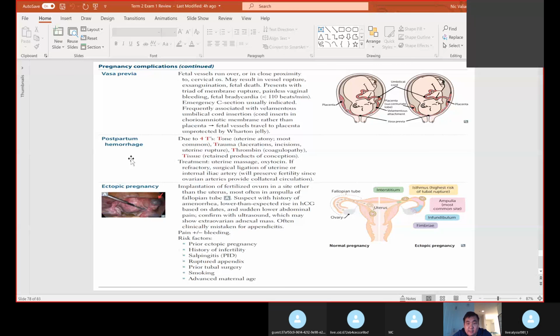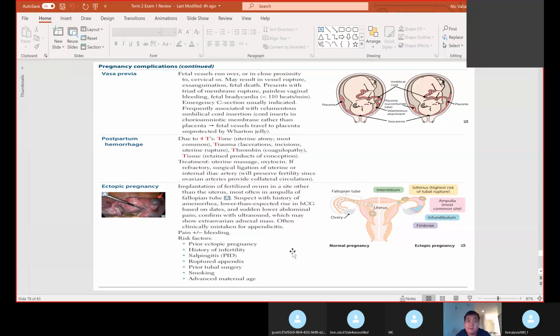High yield point is the ectopic pregnancy. Normally, fertilization occurs in the ampulla of your fallopian tube. What are those infections? Like STDs or STIs, and you get pregnant, your risk for ectopic pregnancy increases, okay?